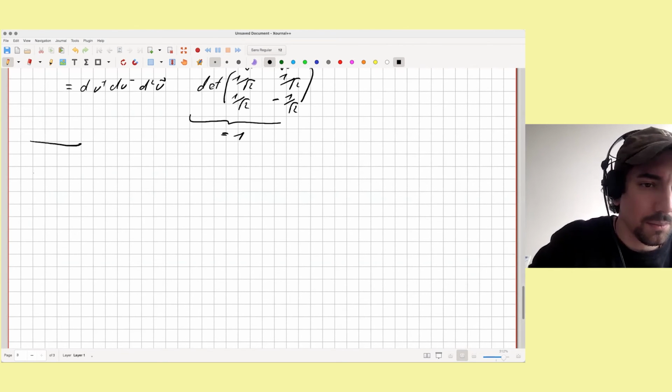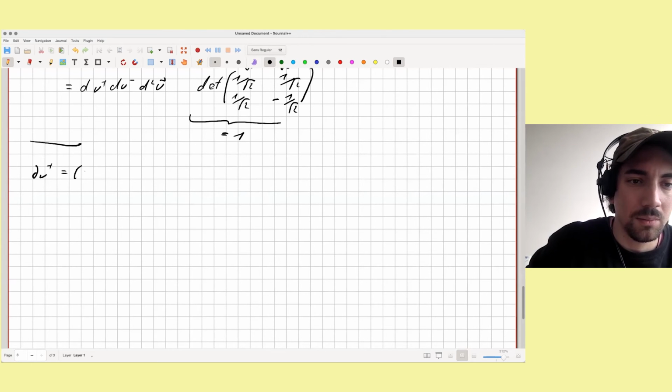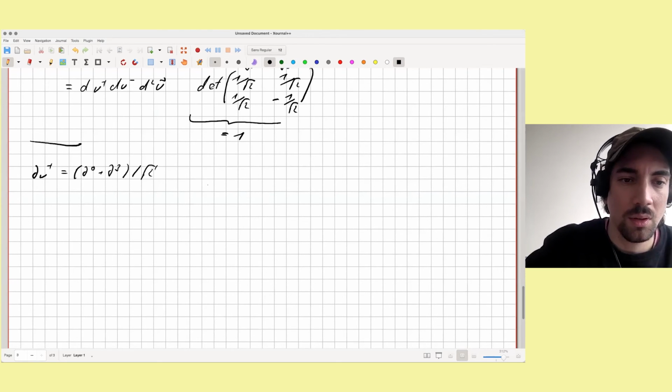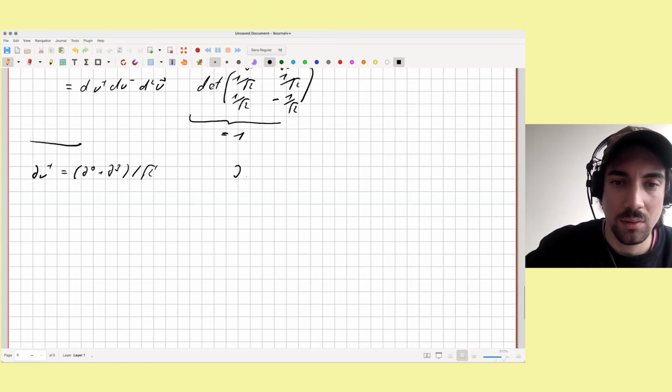So we have these definitions: d plus equals d0 plus d3 over square root of 2, and d minus defined in close analogy as the difference between d0 and d3.